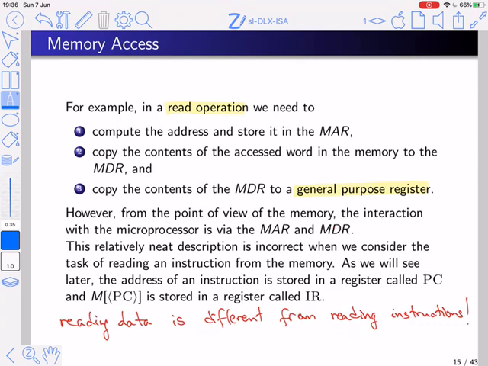The only difference is that the PC and the IR are special registers that are used for accessing instructions, whereas MAR and MDR are special registers that are used for accessing data. So reading data is different from reading instructions because the address in data is given by the MAR, the address in instructions is given by the PC. What you read from the memory is stored in the MDR when it's data, and it's stored in the IR when it is an instruction.